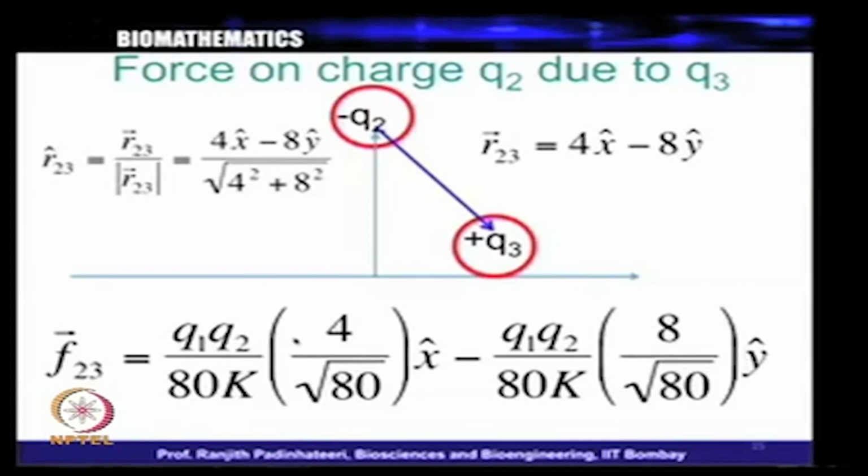So, this is some component along the x direction and some component along the minus y direction. So, there will be some force along the x direction in this direction, and some force downwards along y. So, that is what this means.